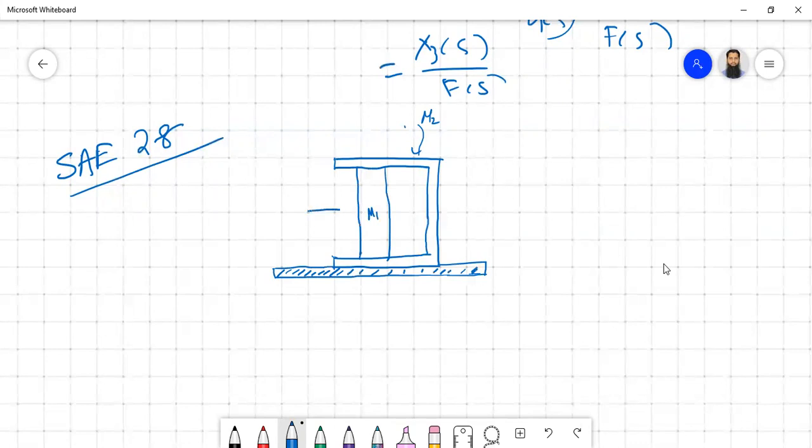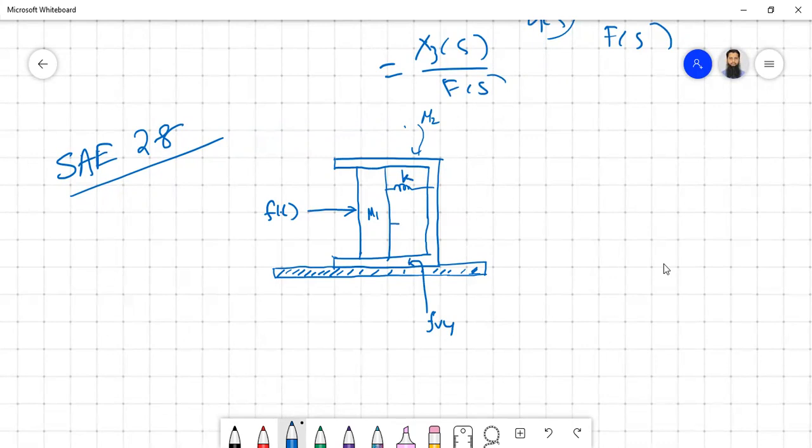Force is applied on this one, Ft. You have friction here, Fv4. You have one spring here, okay.